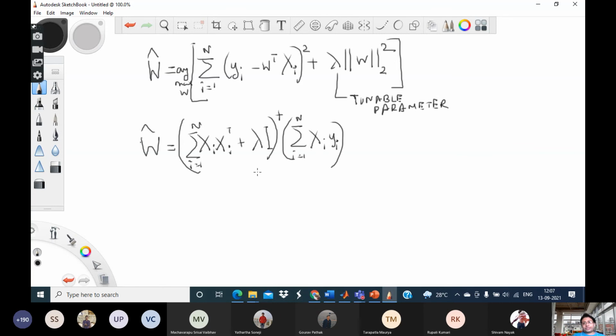Fine. So you can see that this is the same as linear regression with only this lambda I term brought in here. Everything else remains unchanged. So this is basically known as ridge regression.